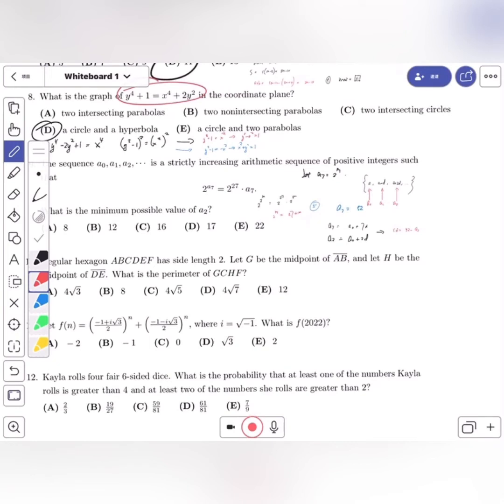Well, however, because it's positive integers, we know that 2 would simply not work. Well, and simply, we'll just subtract these two equations. 5d is equal to 32 minus a sub 2.